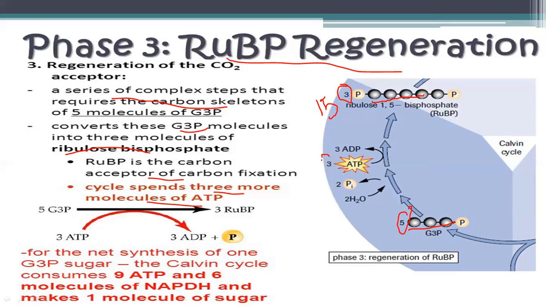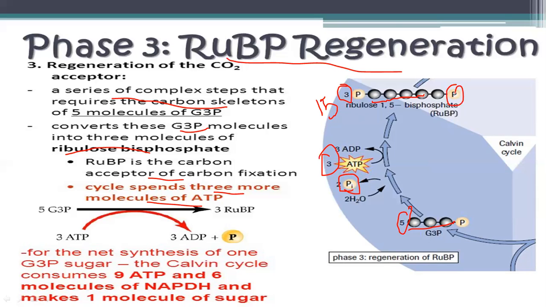Here 3 ATP molecules are utilized, and then they become 3 ADP, and the phosphates are removed. One is utilized to enter water inside it, and sorry, one is added here in this one.